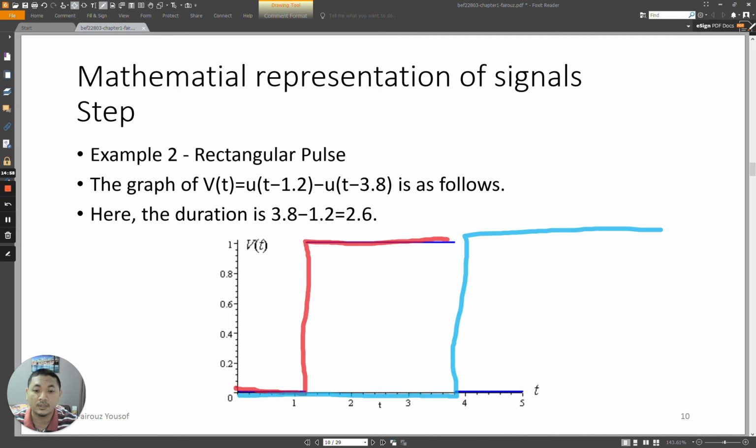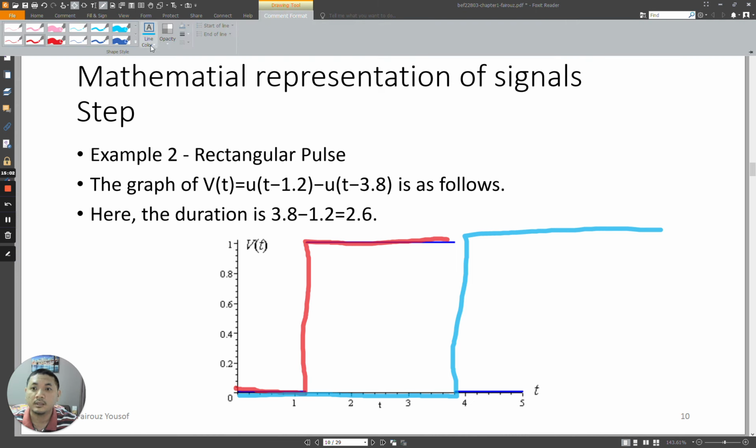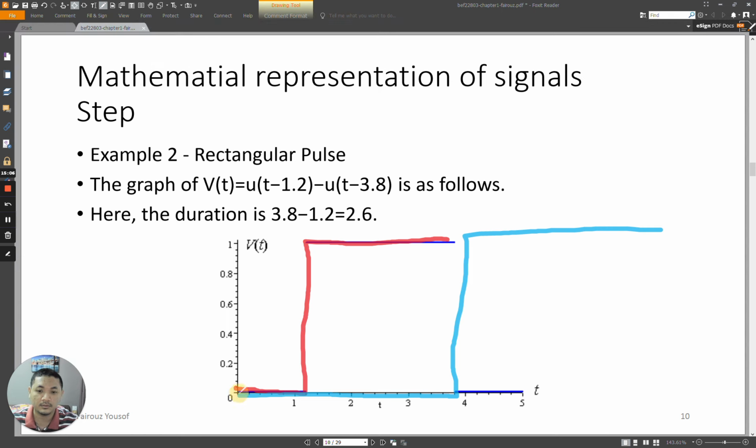So these two signals, red and blue, if we subtract, we'll get 0 0 0. 1 minus 0 is 1, 1 minus 1 is 0, right? So the duration is 2.6 here.